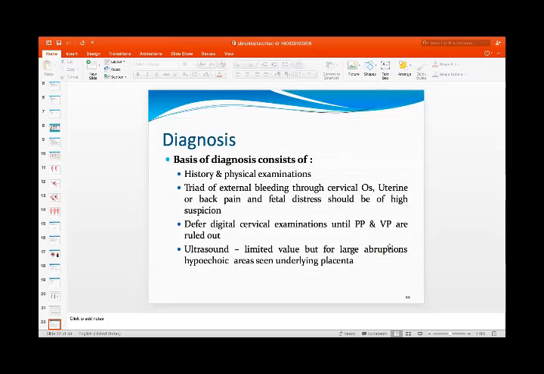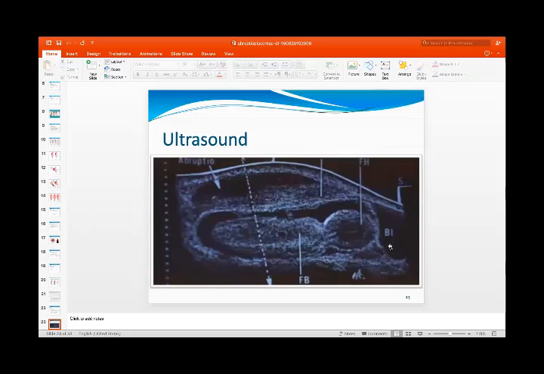Ultrasound has limited value for the diagnosis, because larger abruptions have hypoechoic areas seen in the underlying placenta. Sometimes it is difficult to differentiate between abruption and a placental clot. This is an ultrasound picture showing abruption placenta.